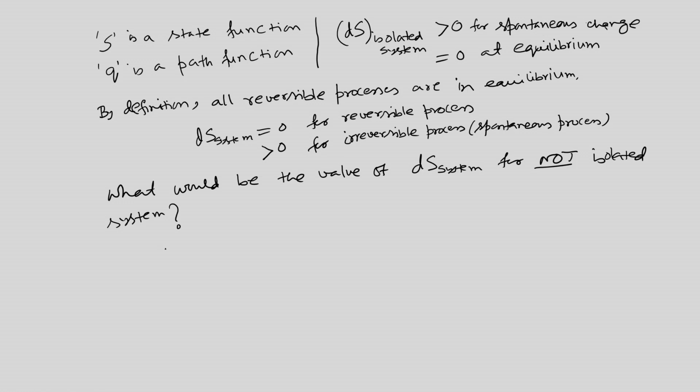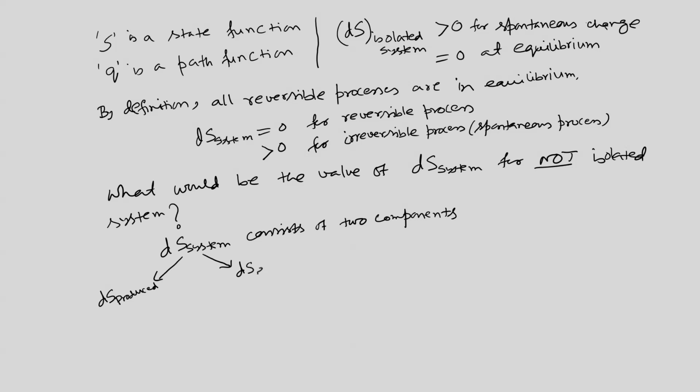Entropy change of the system consists of two components. One is called dS produced and the other dS exchange.